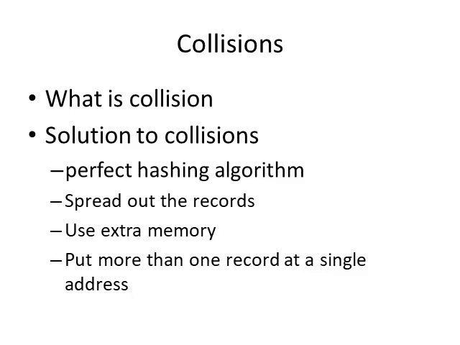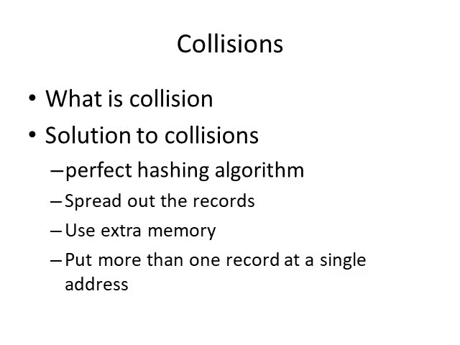The next method is use extra memory. If you have extra memory, you can spread the records more easily, right? If you have extra space, you can spread it easily. If you have congested space, you cannot spread it easily. So that is why use the extra memory to spread the records nicely. The next method is put more than one record at a single address.